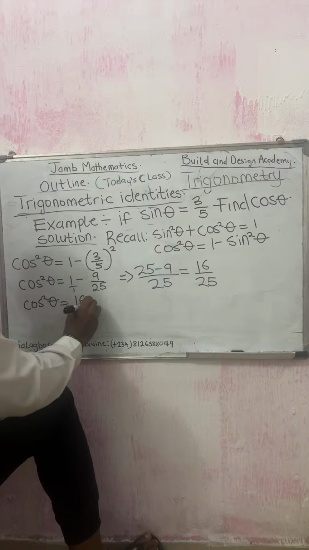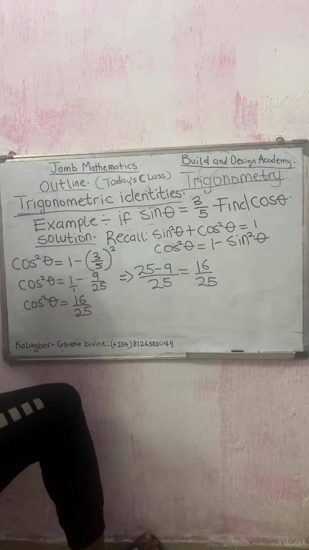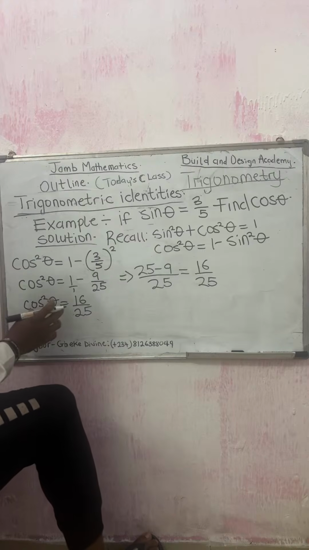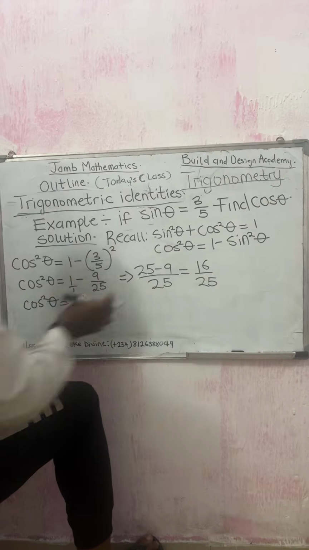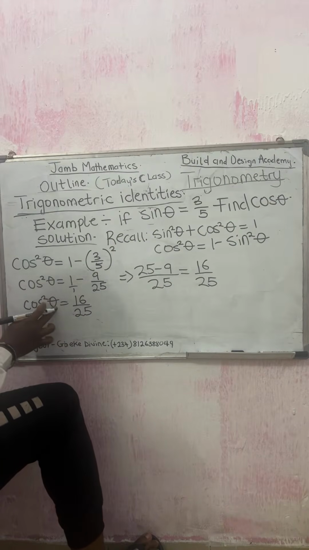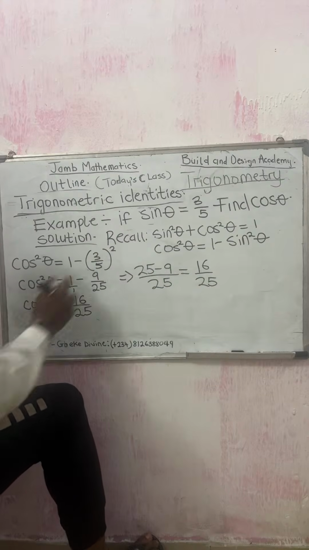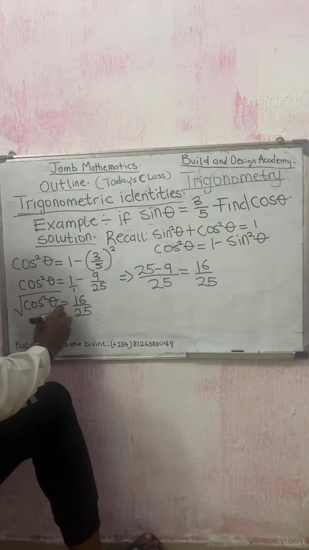So our final answer will be 16 over 25. But now, they said we should look for cos theta, but here they give us cos square theta. Now, to get cos theta, we simply take the square root of both sides.